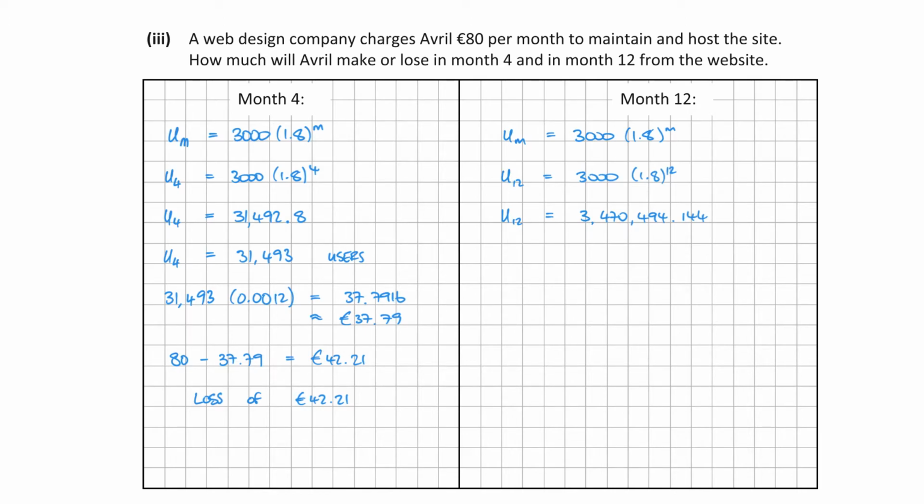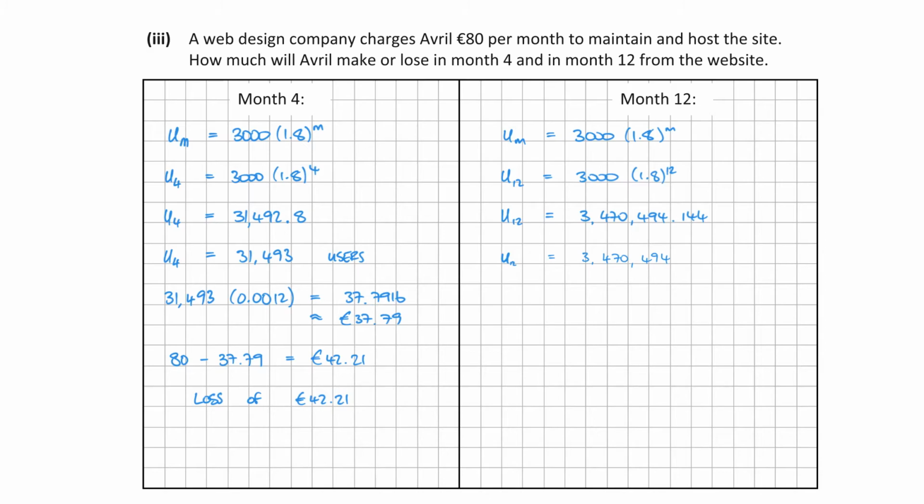Okay, so we can say there that U of 12 is equal to 3,470,494 users. And we know that each of those users will gain her 0.0012.